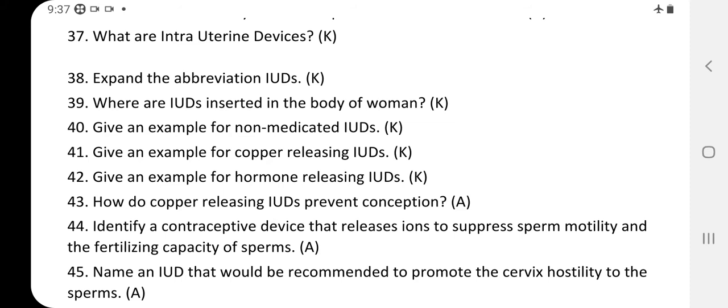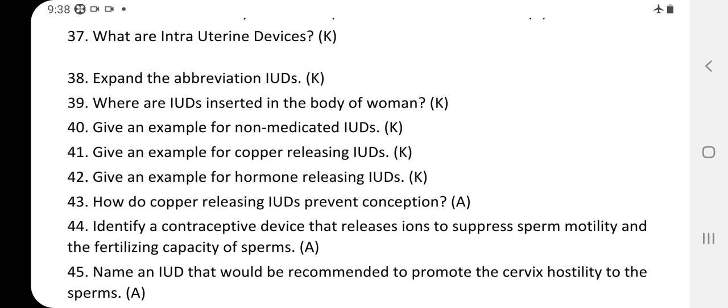Give an example for non-medicated IUDs. The example for non-medicated IUDs is Lippes loop. 41. Give an example for copper releasing IUDs.